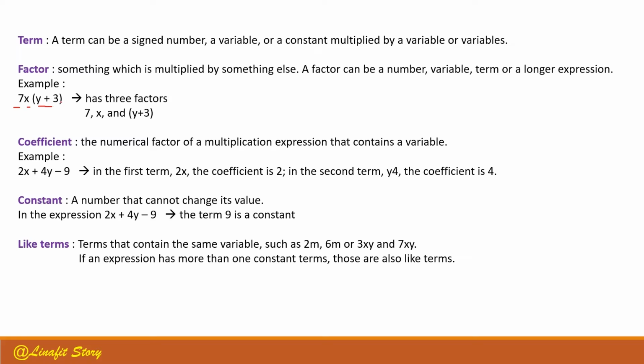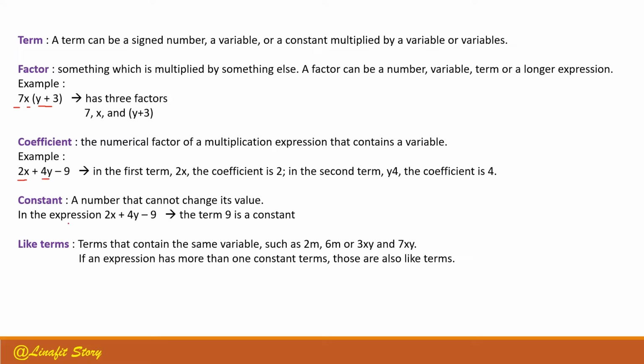Coefficient is the numerical factor of a multiplication expression that contains a variable. For example, 2x plus 4y minus 9. The first term, 2x, the coefficient is 2. In the second term, 4y, the coefficient is 4. Constant is a number that cannot change its value.